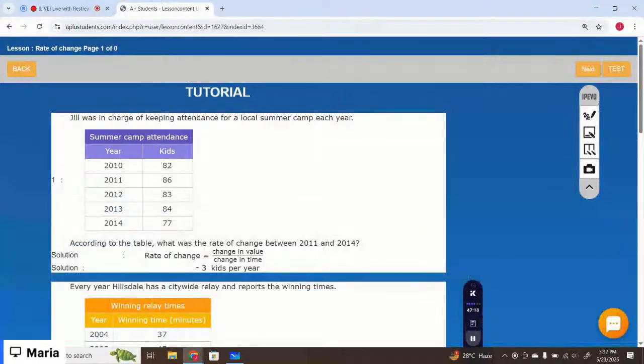Jill was in charge of keeping attendance for a local summer camp each year. According to the table, what was the rate of change between 2011 and 2014? So the rate of change is change in value divided by change in time.